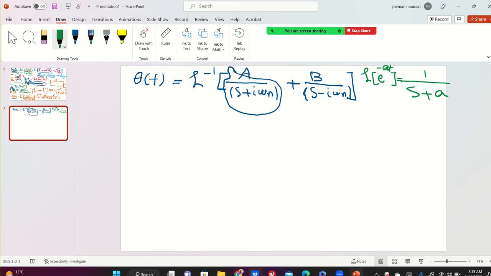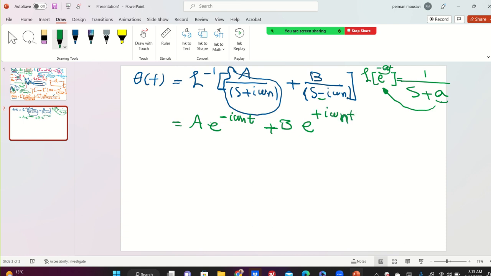So when I say Laplace inverse, I'm just changing this to the time format. See what I'm saying? So Laplace inverse of that, a is a constant number, okay? And s, you see here, this is minus a, so it's going to be e^(-i omega_n t) plus b, and because this is minus, here it's going to be plus e^(+i omega_n t).